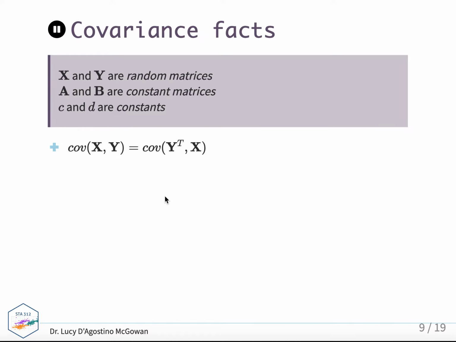And here are some covariance facts. Again, X and Y are random matrices, A and B are constant matrices, and little c and little d are constants.